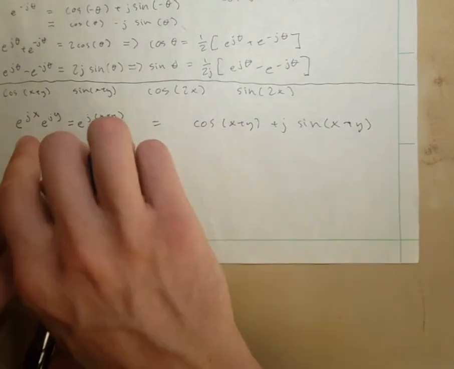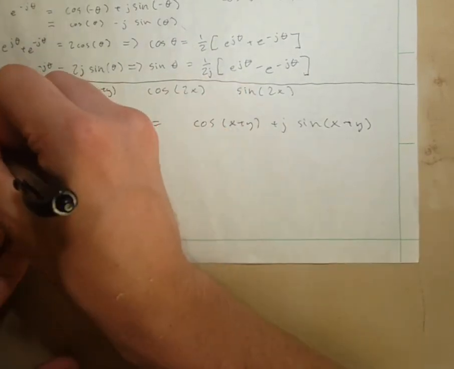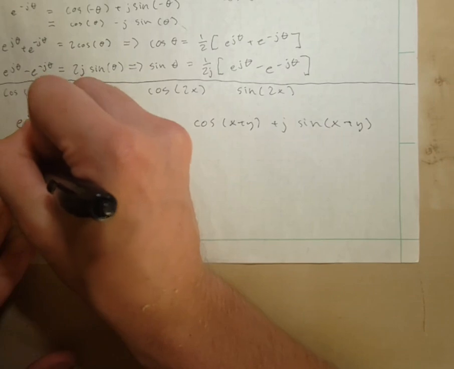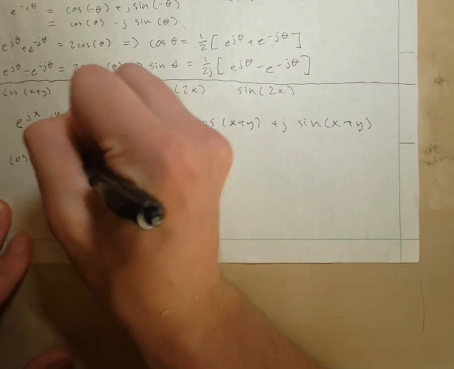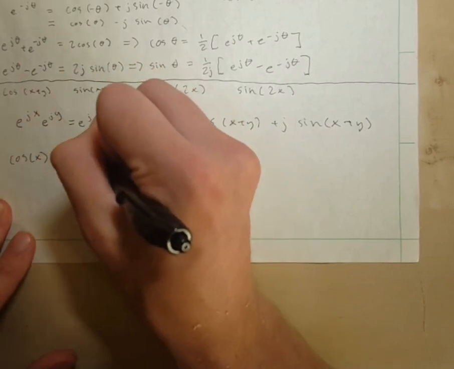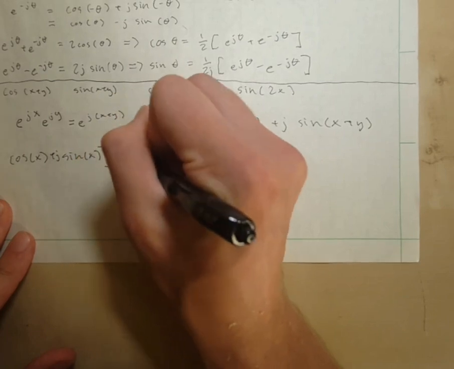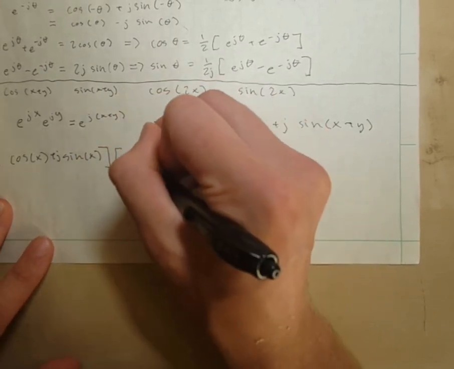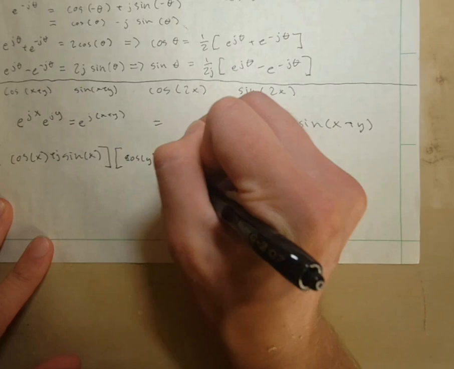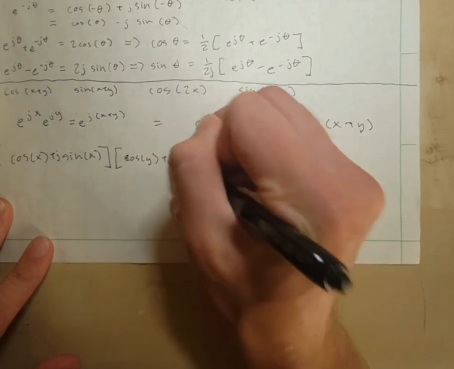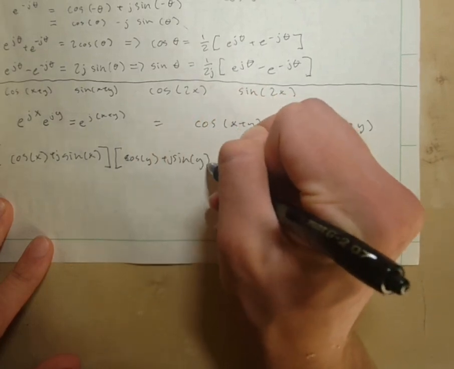Okay, and now if we want to expand these out, we have (cosine x plus j sine x) times (cosine y plus j sine y).